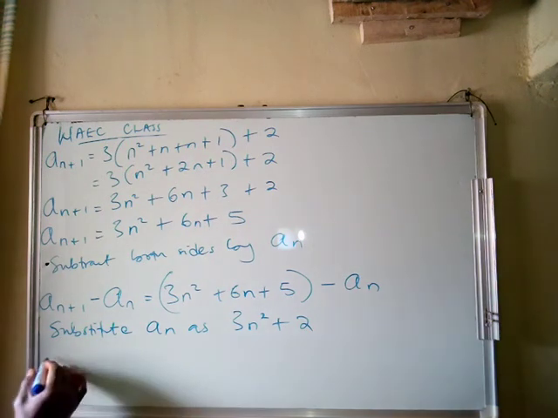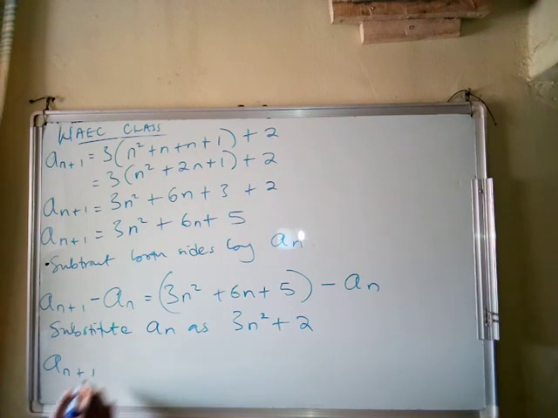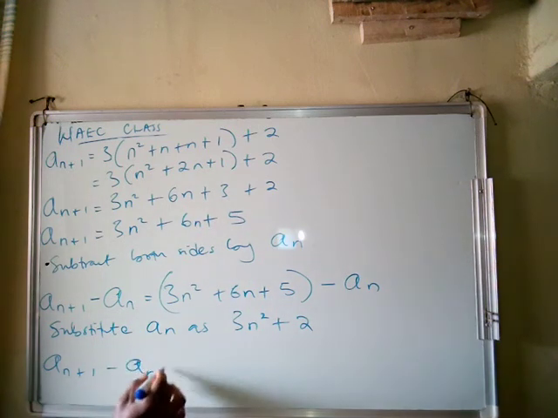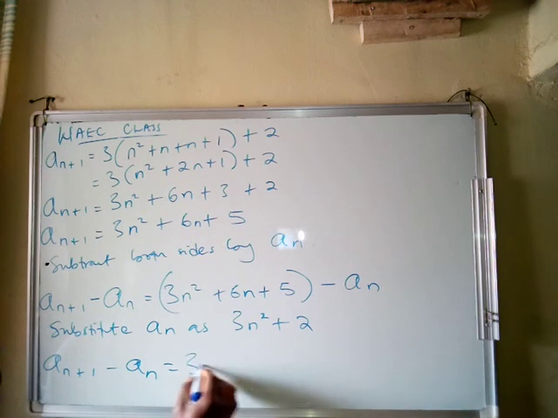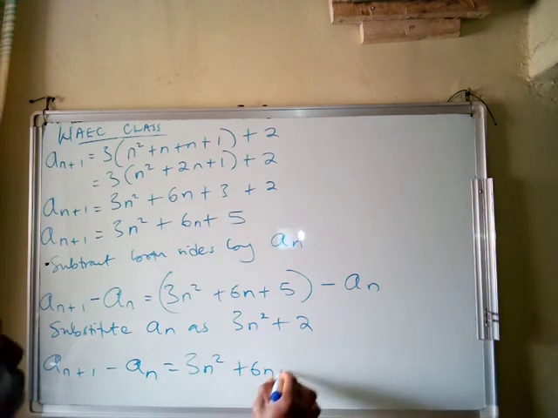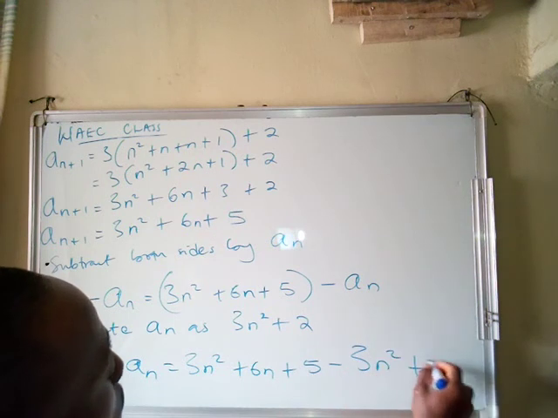So that will give us a_(n+1) minus a_n, which will give us 3n squared plus 6n plus 5 minus 3n squared plus 2.